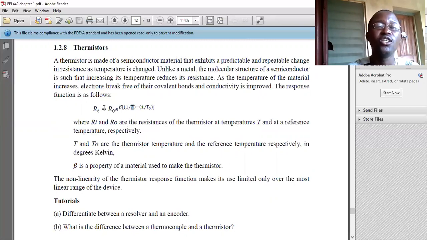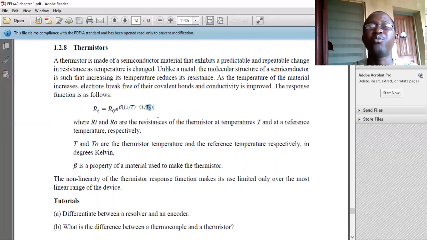R naught is the resistance of that material at another temperature, T naught. This resistance R naught corresponds to this temperature T naught.